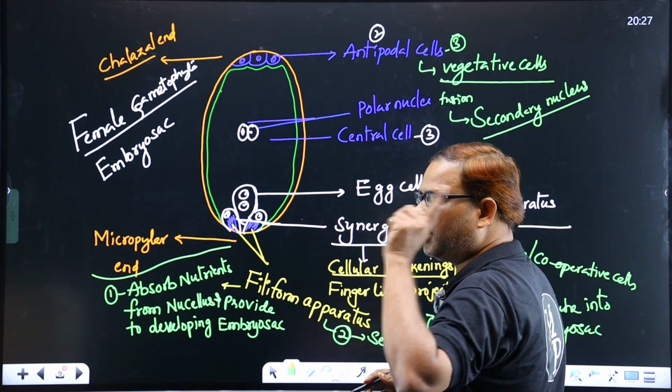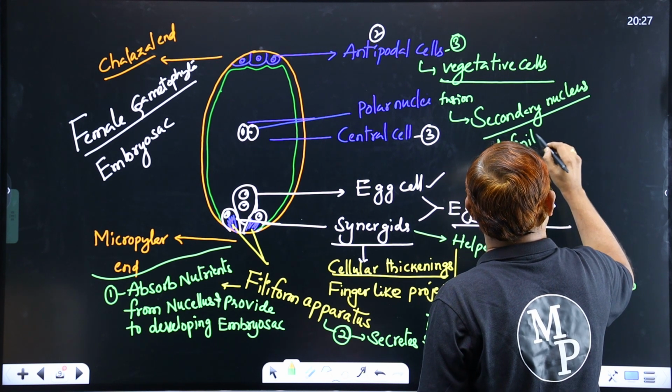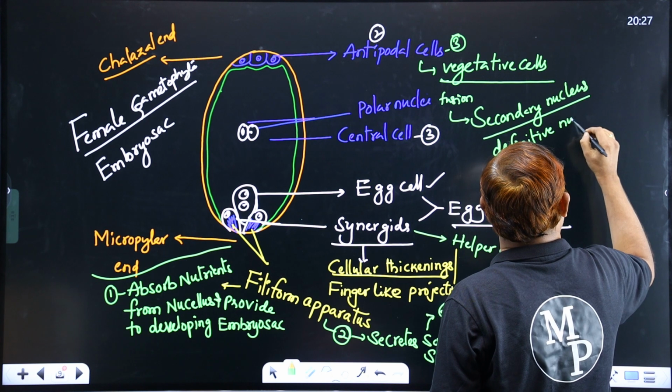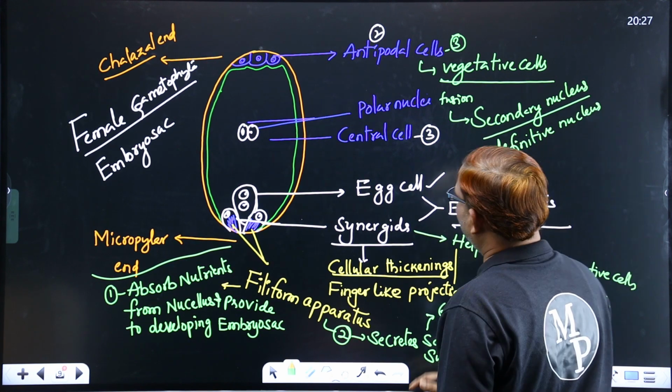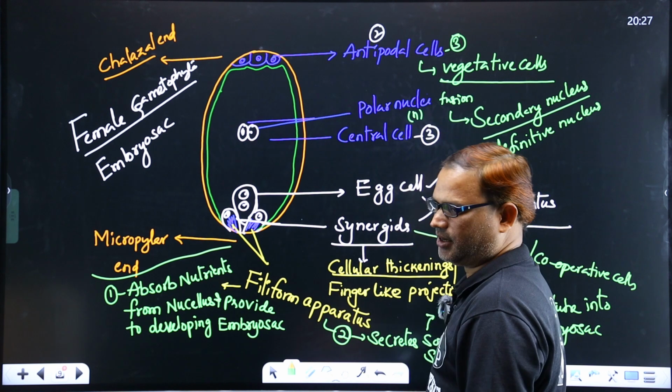Secondary nucleus is also called the definitive nucleus. Initially the polar nuclei are haploid.